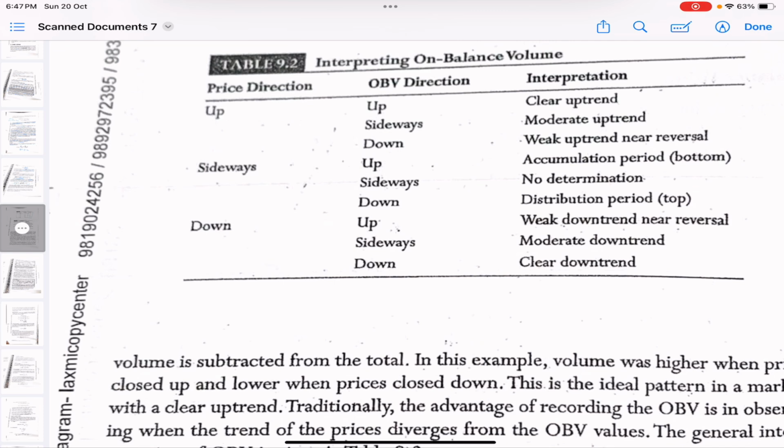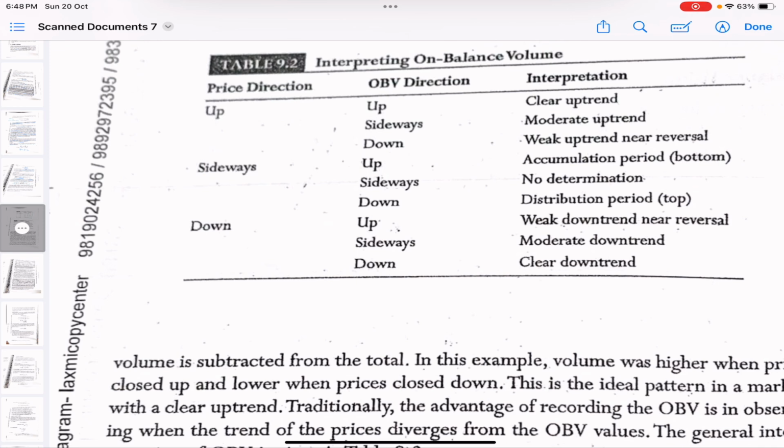If the price is sideways but the OBV is up, that means that a bottom has been created and an accumulation has been started. Whereas if the market is sideways and the OBV is also sideways, then we have nothing to interpret. We don't know what's happening. If the price is sideways and the OBV is down, that means that there is a distribution period. That means that it is basically going to be the top of the trend.